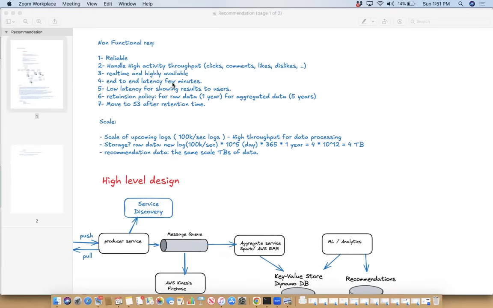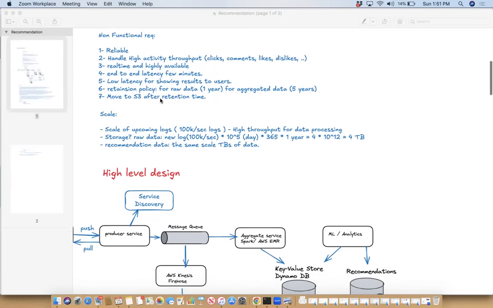That piece should have very low latency, because the resulting recommendation should be ready to be fetched by the end user. Low latency for showing results to users, and by low latency, maybe less than 100 milliseconds.